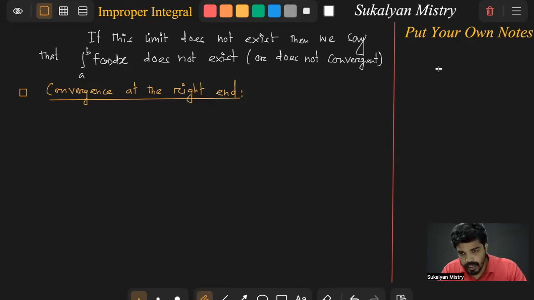Let's see. This is our interval, right? This is the left end and this is the right end.